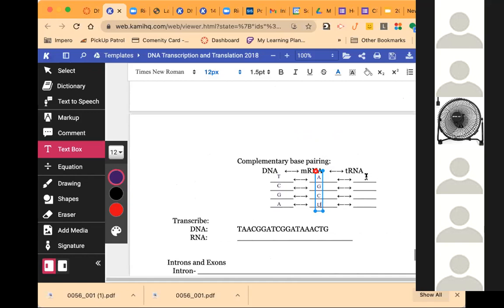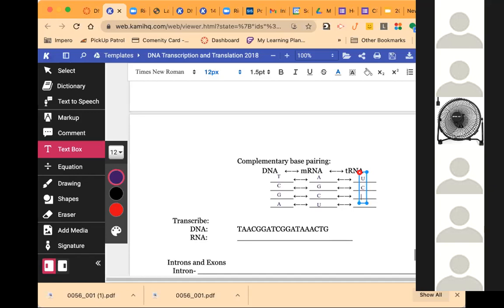All right. Ava Daly, what does A pair for? So from mRNA to tRNA, A pairs with... Remember what Jackson just learned. U. Excellent. Ian, what does G pair with? C. Excellent.